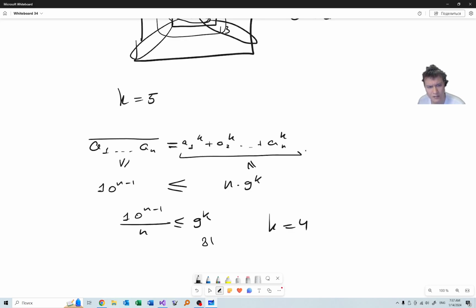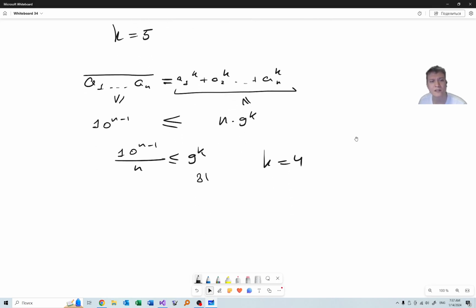What is 81 squared? I actually forgot what is 81 squared. It is 729 times 9. Let's multiply it by hand. Yes, obviously. So it should be at most 10 to the power n minus 1 over n.